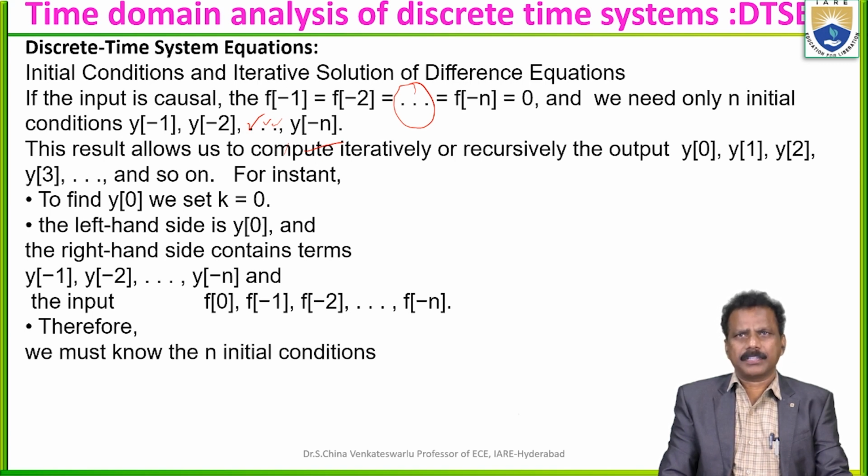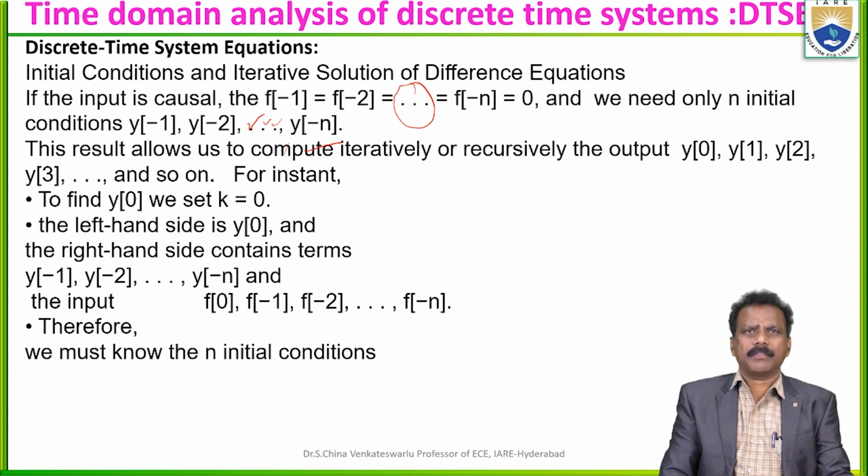Based on these initial conditions, we can find the iterative solutions of the difference equations if the input is causal. We can do that iteratively or recursively to get the output response y of 0, y of 1, y of 2, y of 3, and so on.